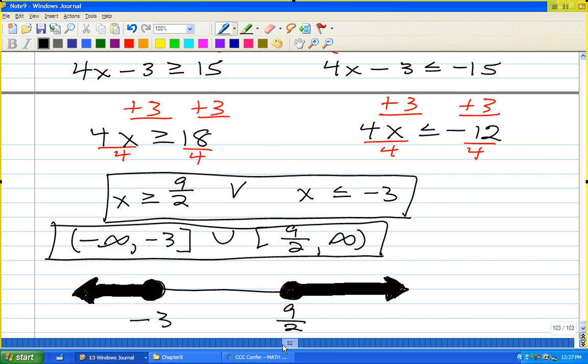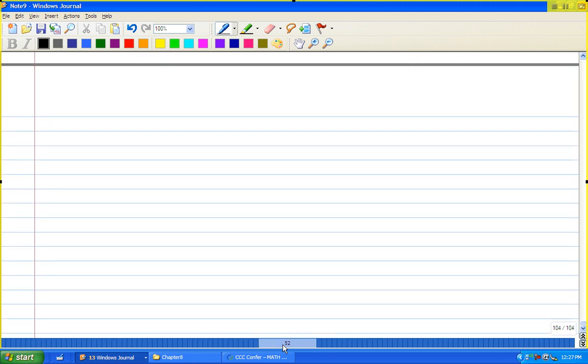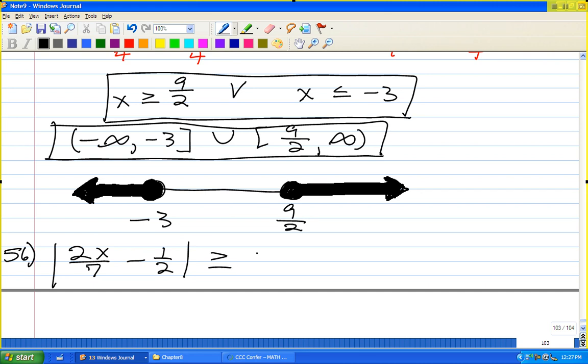Let me do problem number 56. Two x over 7 minus 1/2 in absolute value greater than or equal to 9/2.